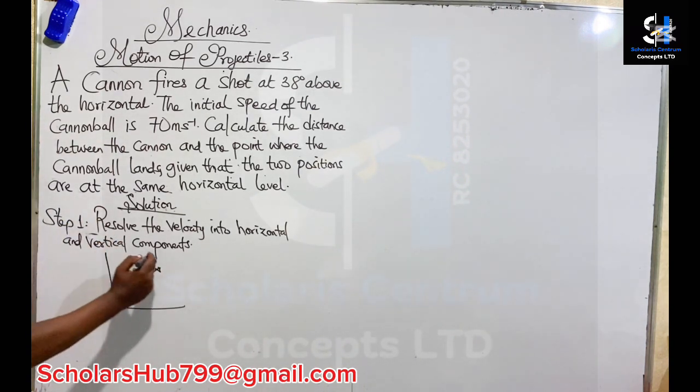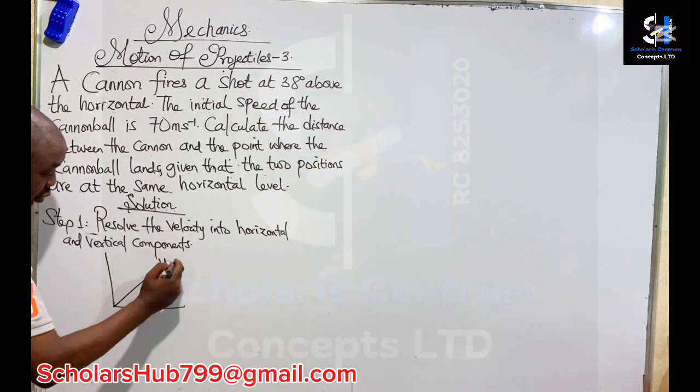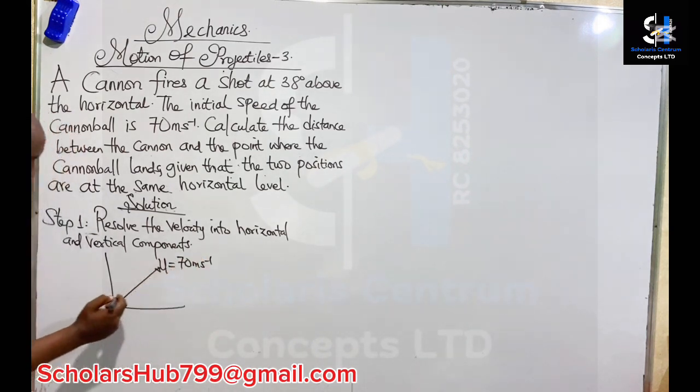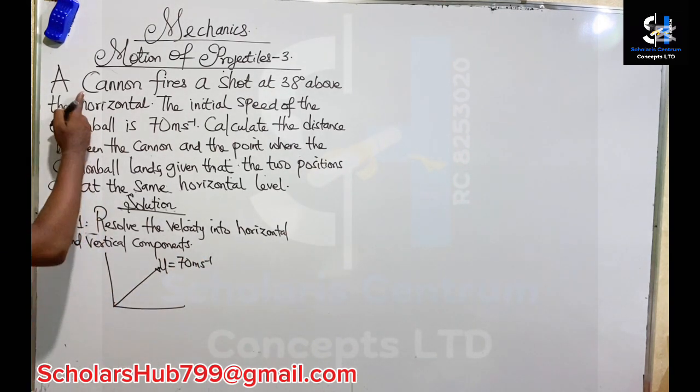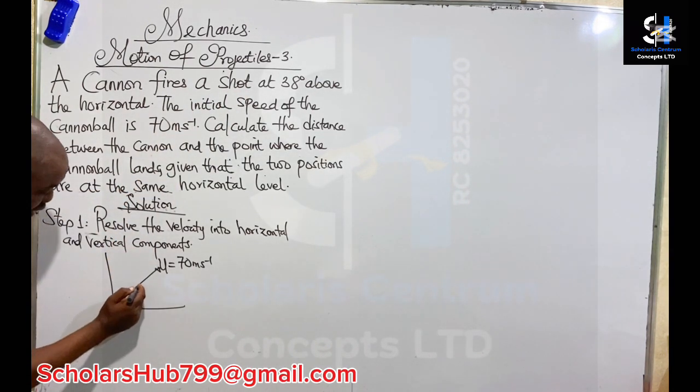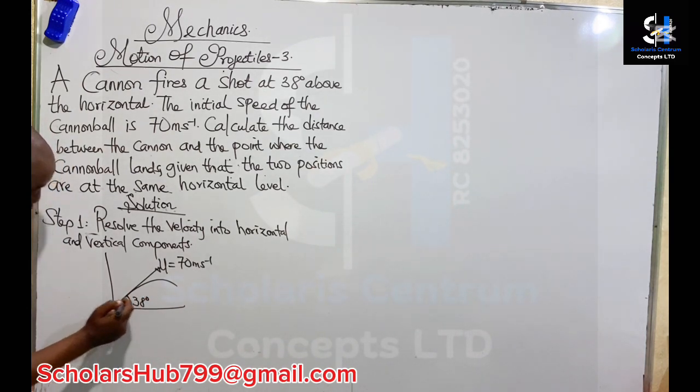The initial speed of the cannonball is given to be 70 meters per second. When the cannon fires a shot, the inclination with the horizontal is 38 degrees.